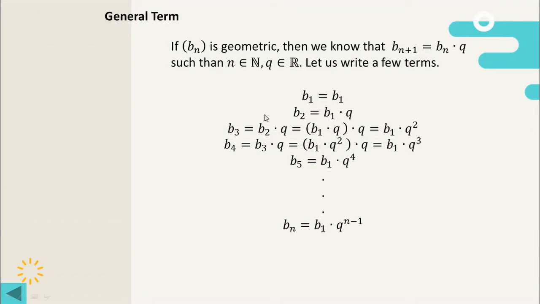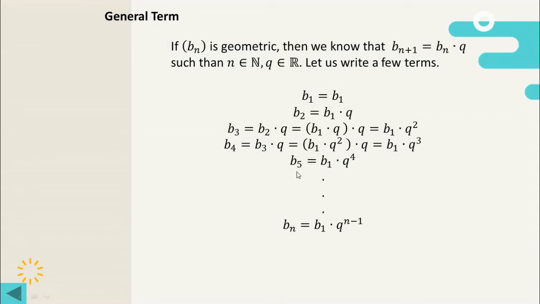So we can substitute B2 with B1 times k, so that means B1 times k squared. How about B4? B4 equals B3 times k. So we have B1 times k squared times k, so it's B1 times k cubed, right?